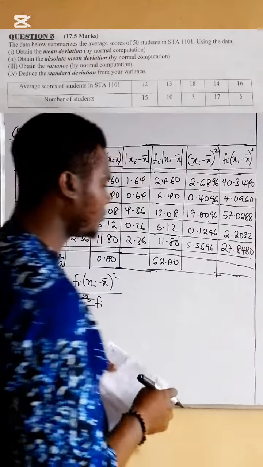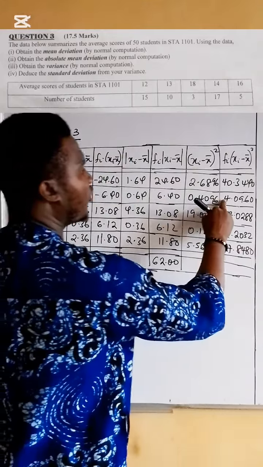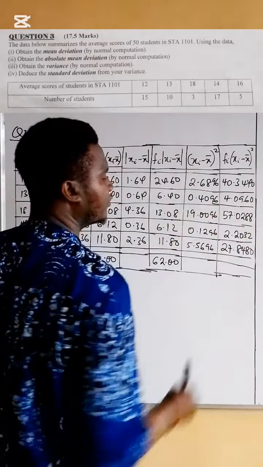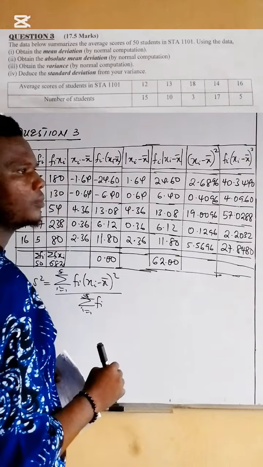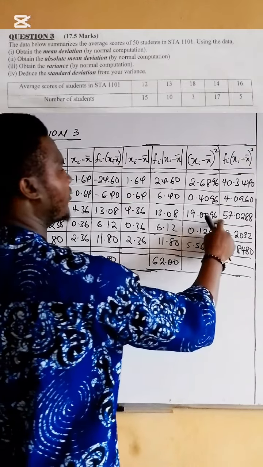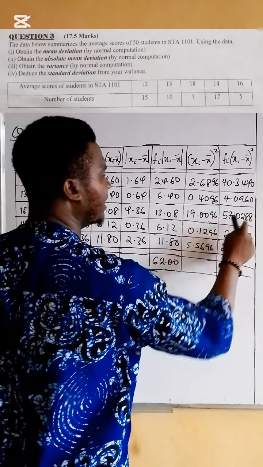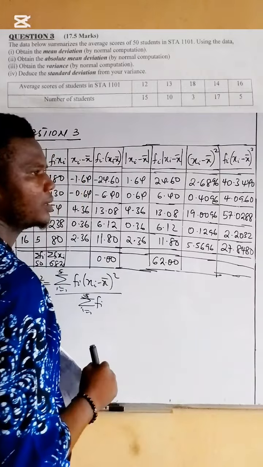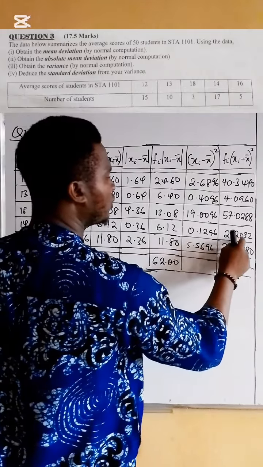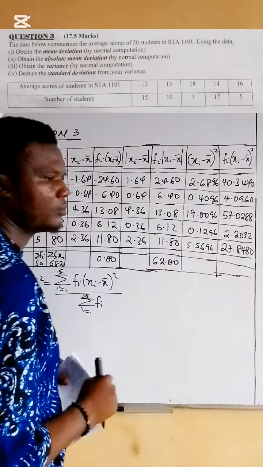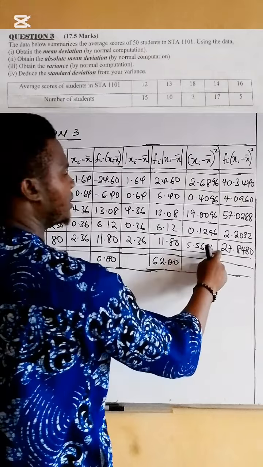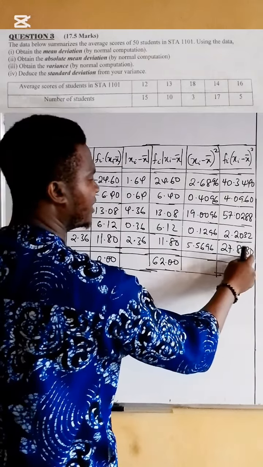40.3440 added to 4.0960 added to 57.0288 added to 2.2032 added to 27.8480.